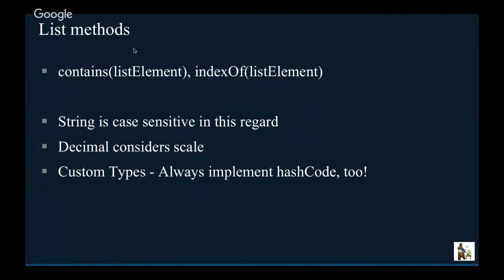The way you would have done contains before, there's two ways to do it. One is you would just iterate over a list, where what you're looking for is one of the elements, so a for loop.